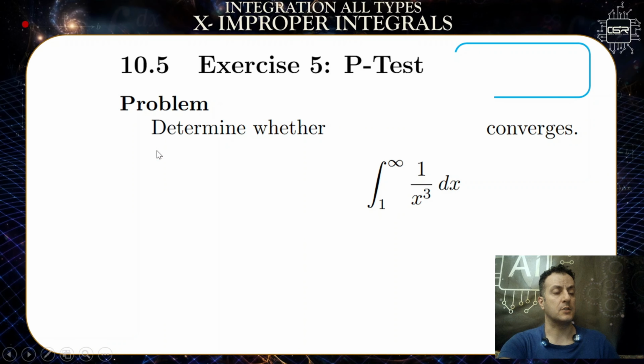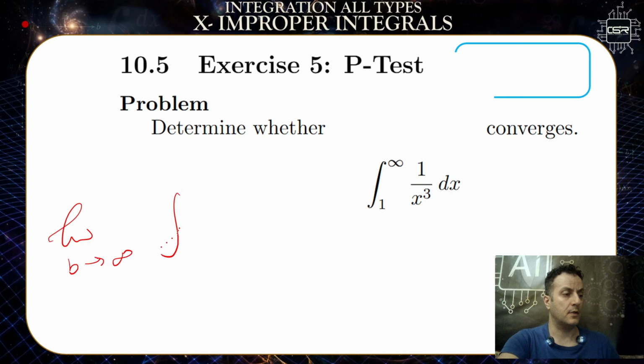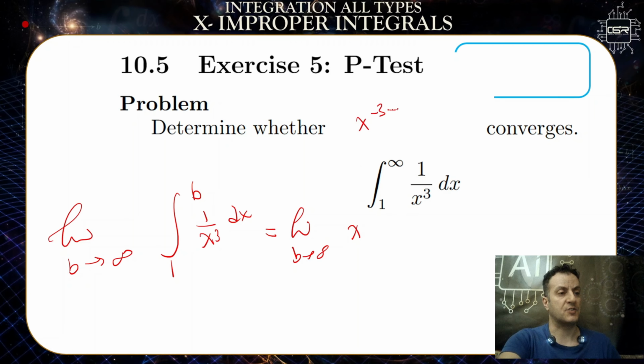Determine the convergence of the integral from 1 to infinity of 1 over x cubed dx. Okay, so the limit as b approaches infinity of the integral from 1 to b of 1 over x cubed dx equals, now x cubed becomes x to the power of minus 3 in the numerator, which is x to the power of minus 3 plus 1 over minus 3 plus 1.